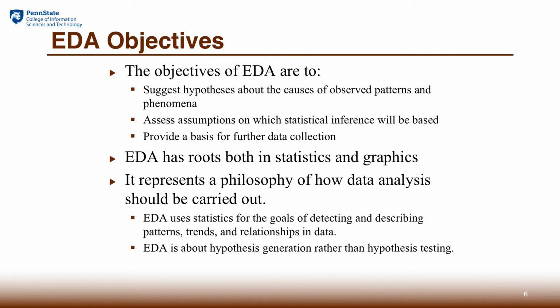For example, certain statistical inference requires that the data be either normally distributed or follow a Poisson distribution. If the data doesn't follow that assumption, then we cannot select those analytical methods. The third thing we can use EDA for is to determine whether there's a data gap, or a missing piece, or additional detail we need to look for. So we are really looking at the need for additional data collection.